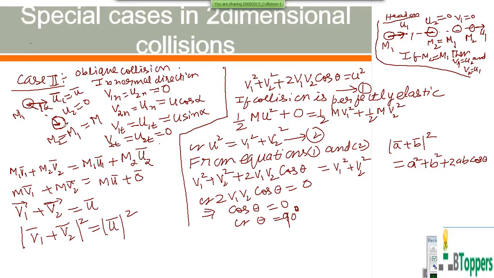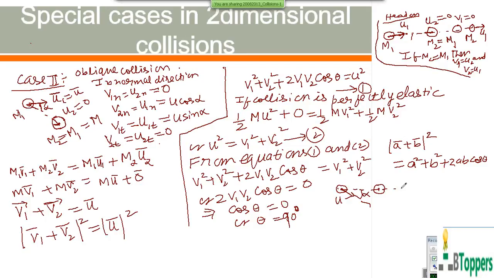So for these directions, I have shown this is the direction of the initial velocity of the first sphere before collision, which makes an angle alpha with the line joining the two spheres. I am drawing the diagram in a different way. So the initial velocity of the first sphere makes an angle alpha with the line joining the centers of the two spheres, and the two spheres have the same mass here.